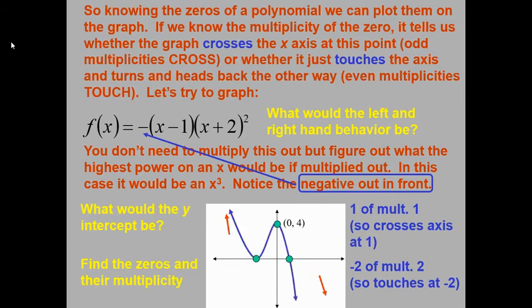So this is what the graph is going to look like. Again, −2 has a multiplicity of 2, so it's going to touch at −2. And 1 has a multiplicity of 1, so it crosses the axis at 1.